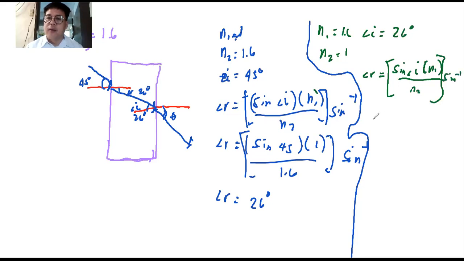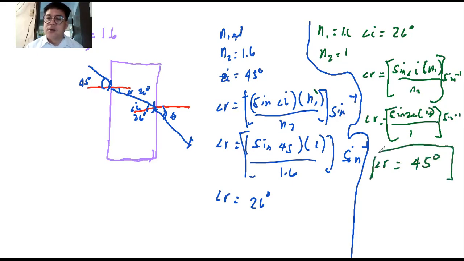So your angle R will be sine inverse of sine 26 times 1.6 all over 1. In my calculator, that is equal to 45 degrees. So therefore, you will see that the answer is also 45 degrees and our prediction is correct.